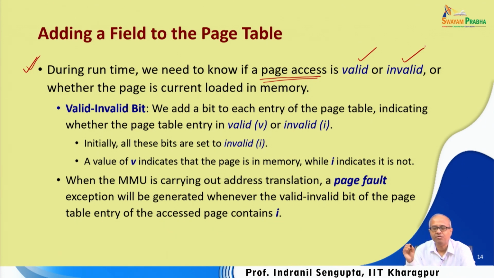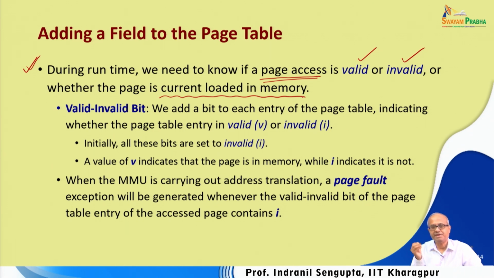Basically, we want to know whether the page you are accessing is currently loaded in memory or not. If it is loaded in memory, we can go ahead and access it. But if it is not loaded in memory, then we will have to wait for the operating system to swap that page in, then only it can restart its execution.